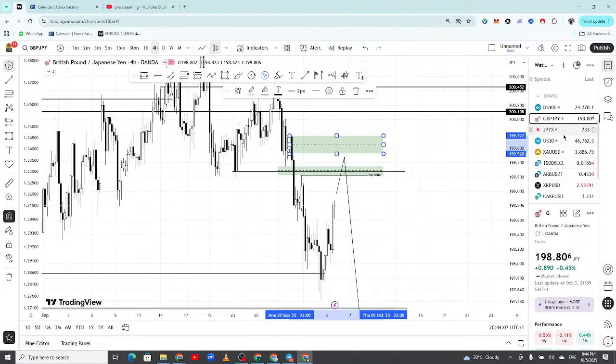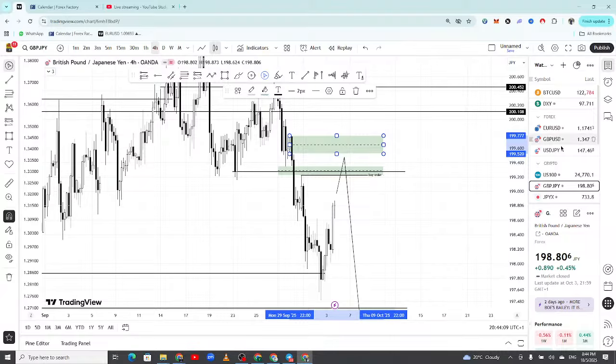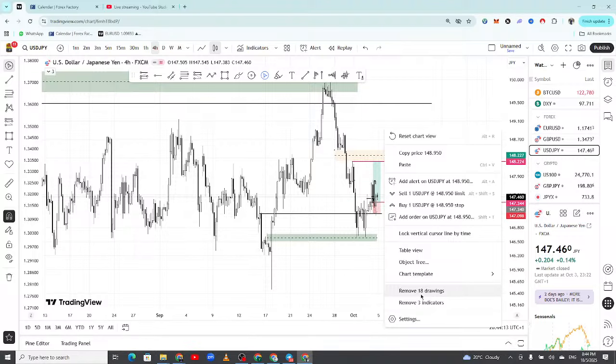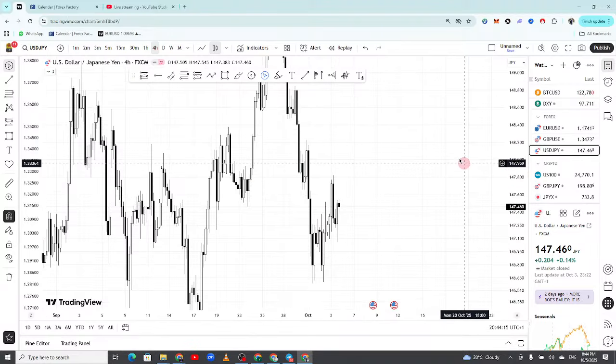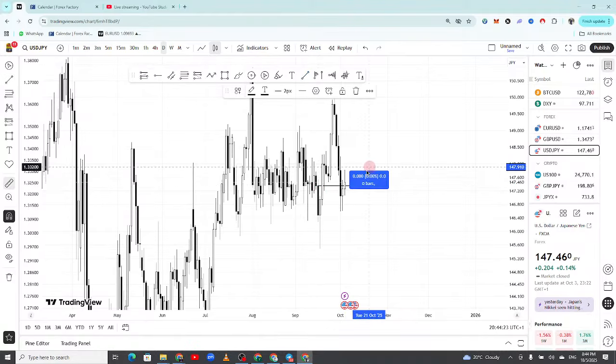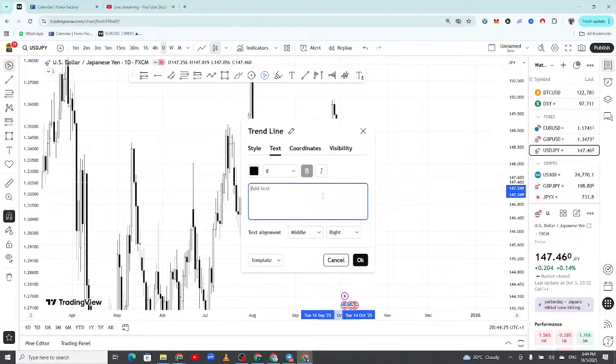Let's look at USD JPY as well. Last week we were expecting longs on USD JPY. Let's go back to the table. Now I mentioned that we have this order block.